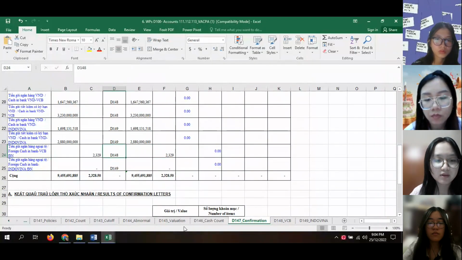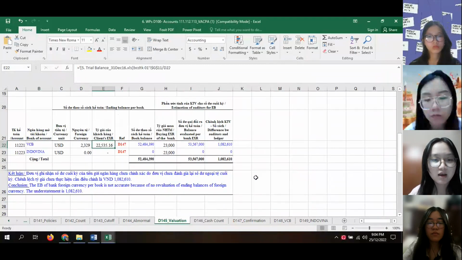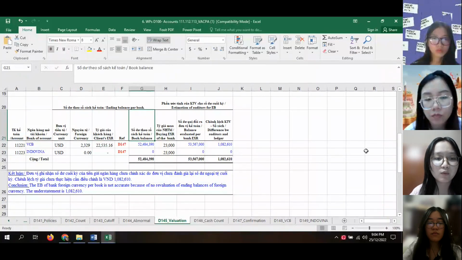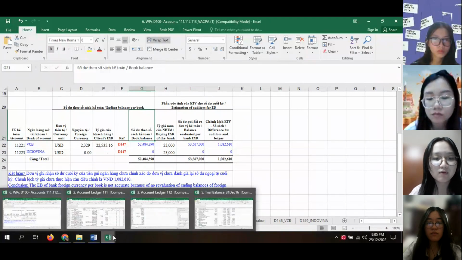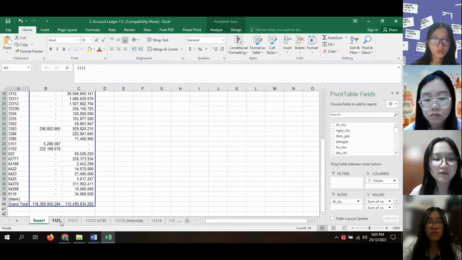And you come back to the D145. The book balance in foreign currency at the client exchange rate is 52,484,390. So yeah, this is the book value.